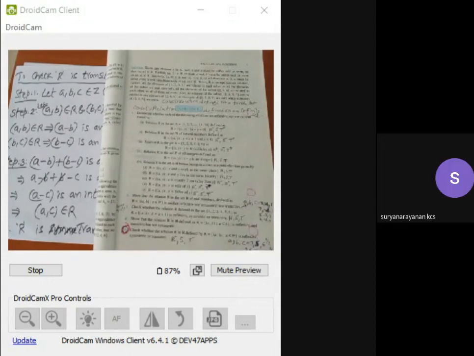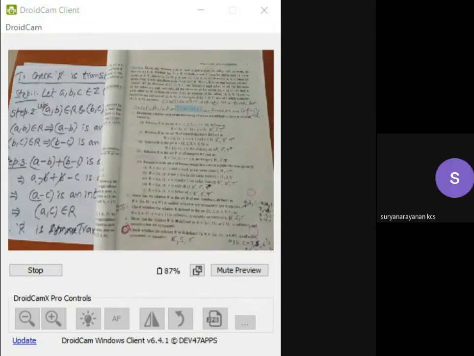Under the second question you have given three relations, R1, R2, and R3. We have to check the types of relations, and you have given reflexive for the first one, sir.